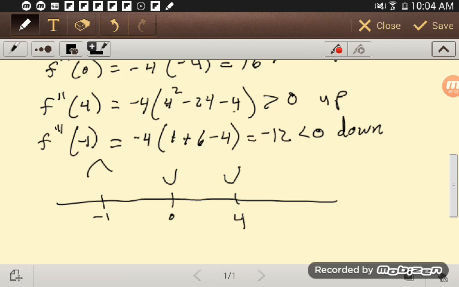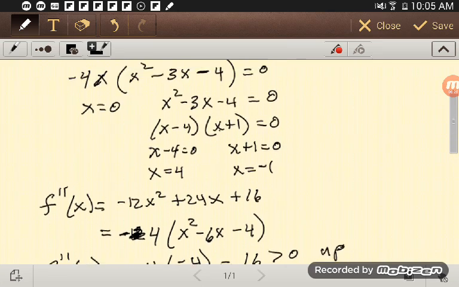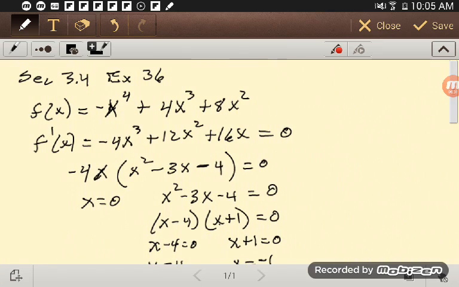But let's look back, because that's not going to happen, right? Because the function's defined everywhere. I am not seeing how I could be concave up at both of these spots. Well, it can't be an inflection point. Yeah, so let's look back and make sure I did this right.